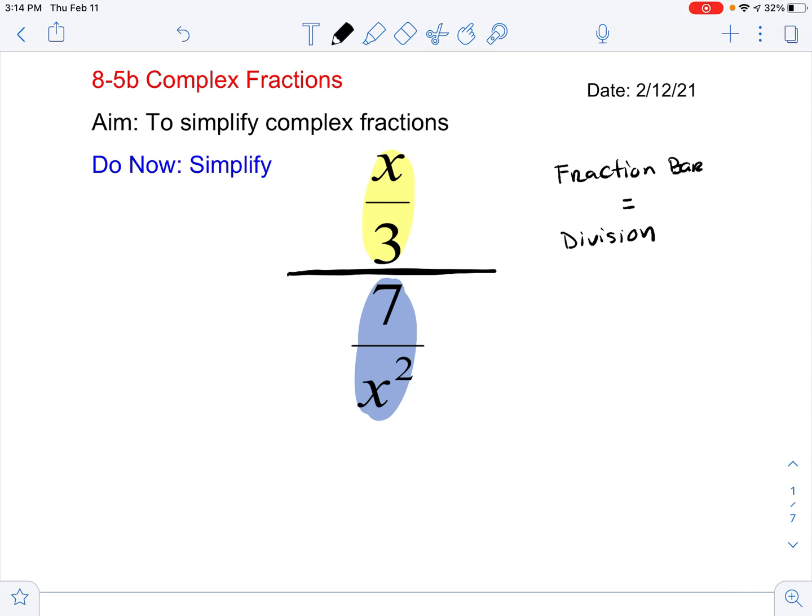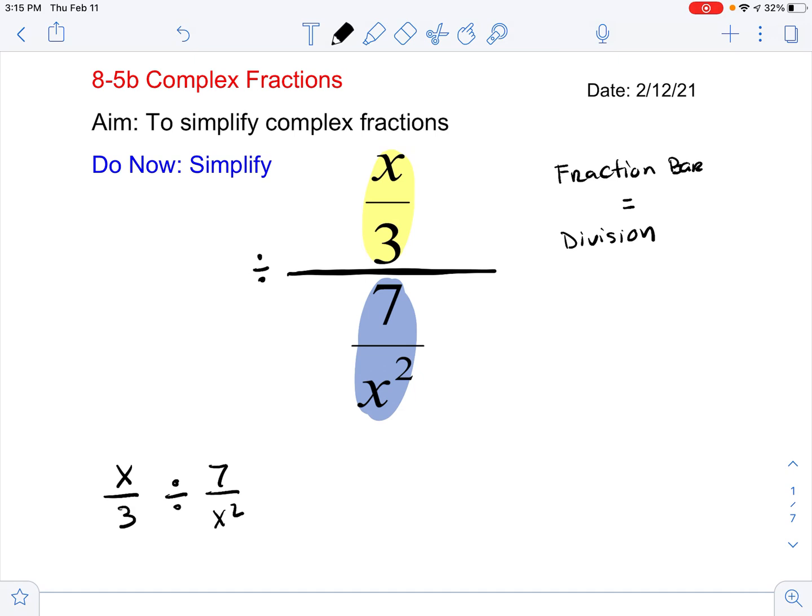Okay, so if we ever see fractions within fractions, what we can do is think of the larger divider as a division symbol. So we could actually rewrite this question as x over 3 divided by 7 over x squared.